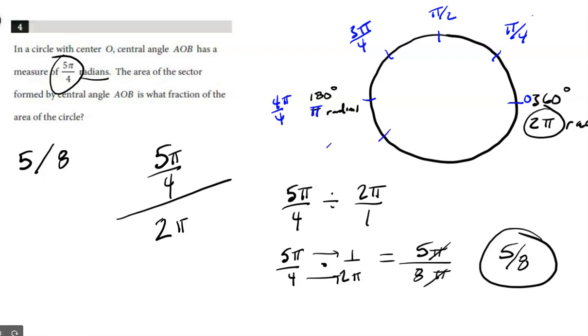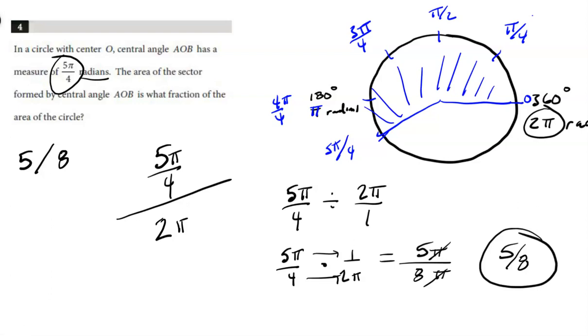So 5 pi over 4 would live right here. The area of all of this should be a little bit more than half. And 5/8 is actually perfect, because if we broke this thing up into quarters all the way around, it is 5 of those 8 pizza slices.